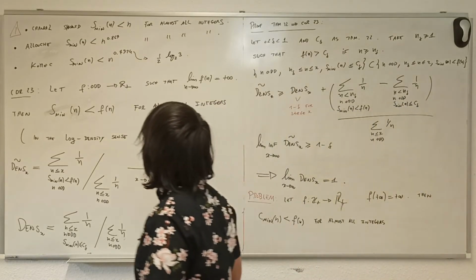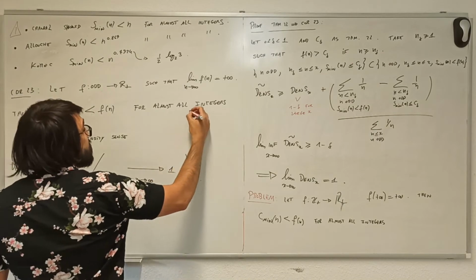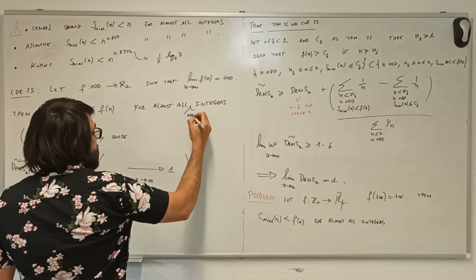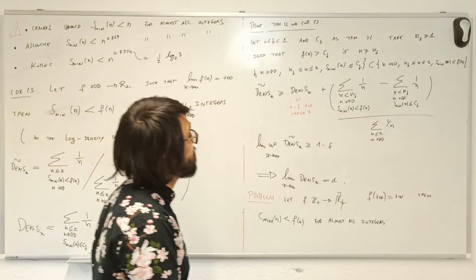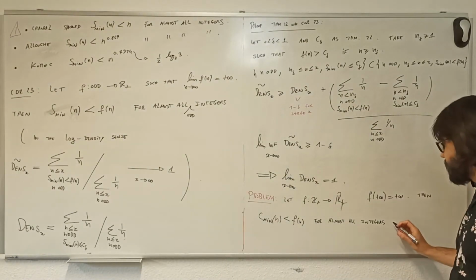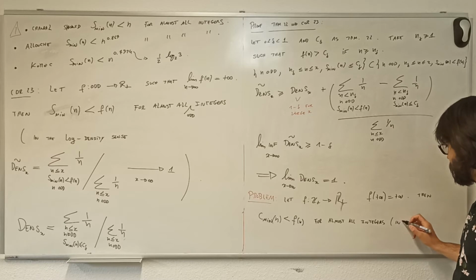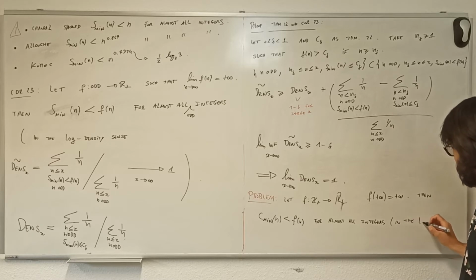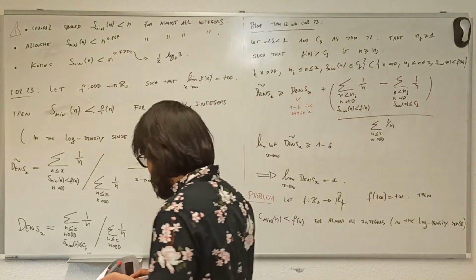So probably I should say here for almost all odd integers, and here it's just for almost all integers, in the log sense. So in the log density sense, okay.